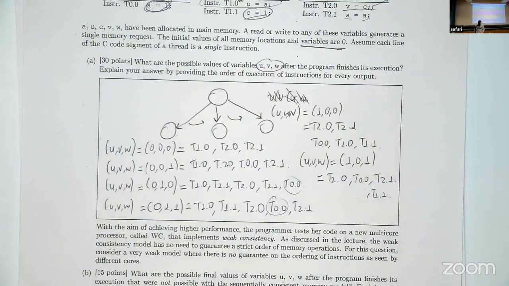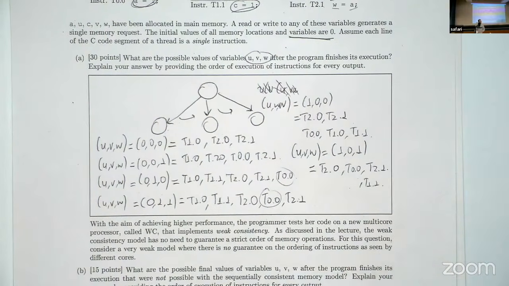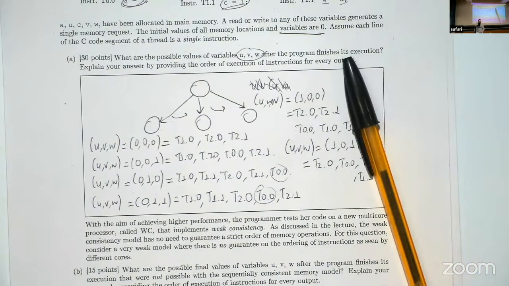What are the possible final values of variables U, V, and W after the program finishes when you have a weak consistency model where you can reorder instructions? This is not possible using the sequentially consistent memory model. What does this ask? In the sequentially consistent model, some of the outputs are not possible.